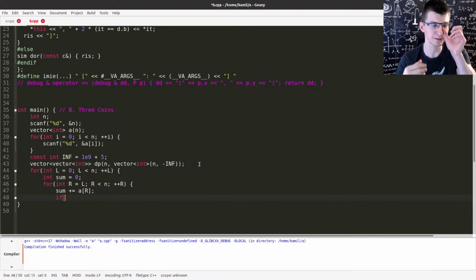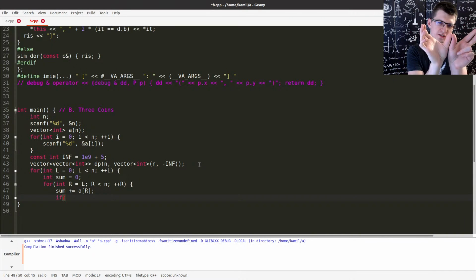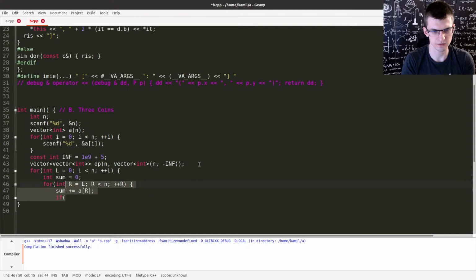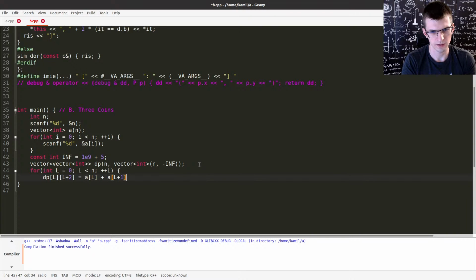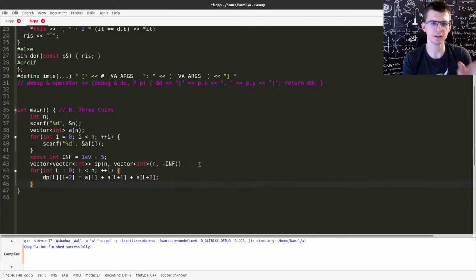I can pretend that those red intervals just touch each other. So not length being multiple of 3 here, it's just length exactly 3 in that first layer. Yeah, sounds good. dp of L up to L plus 2 is a of L plus 1 and L plus 2. If I need interval of length 6, my DP will just consider taking 3 and 3.